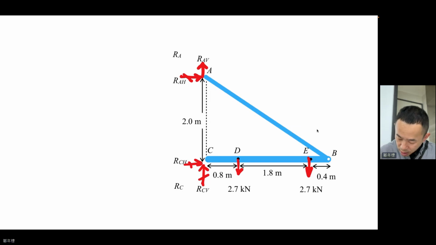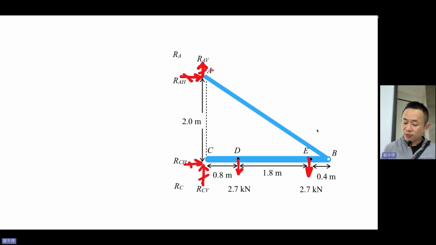RCV, RCH. Okay, you can think of this pin as something you can rotate, but you cannot go up, down, left or right. So X and Y are locked, which means that they will have horizontal and vertical reaction force to make it stay there.